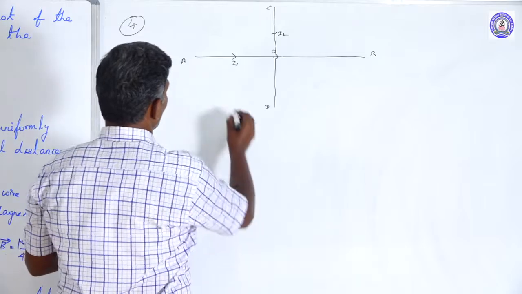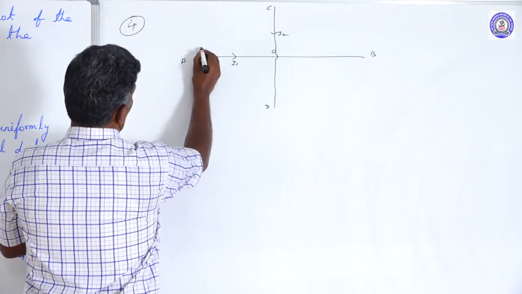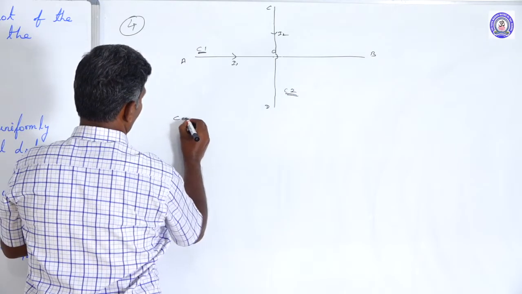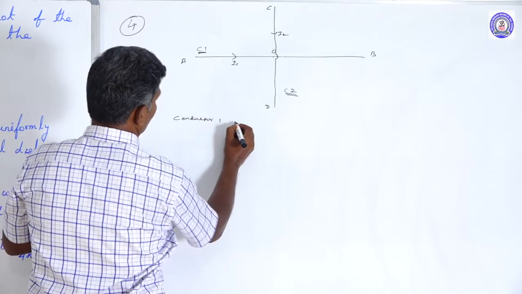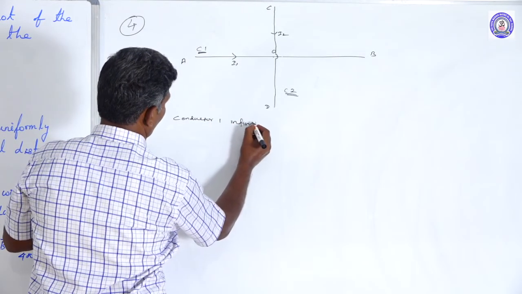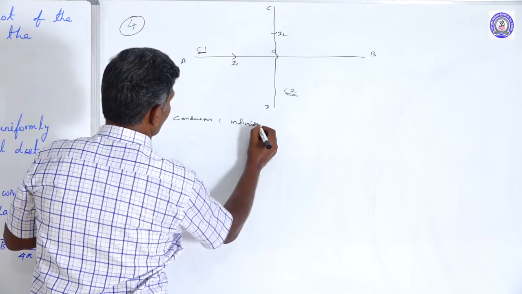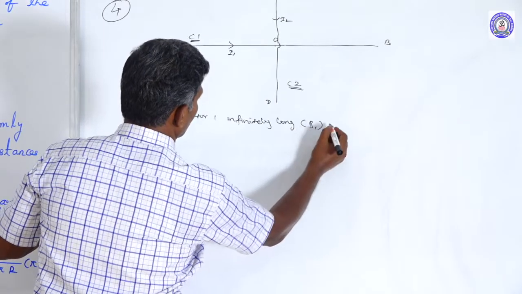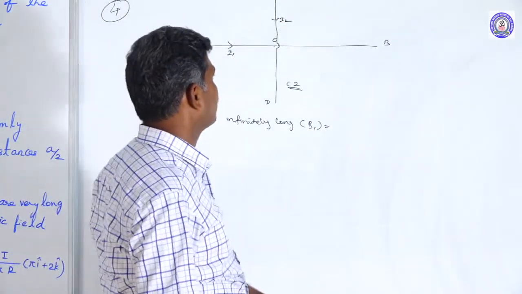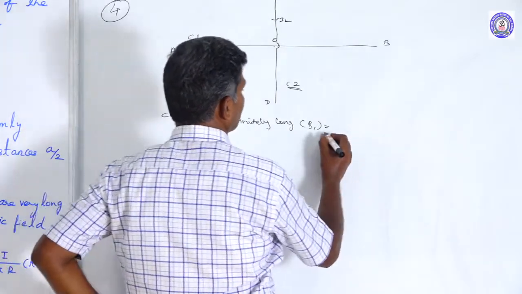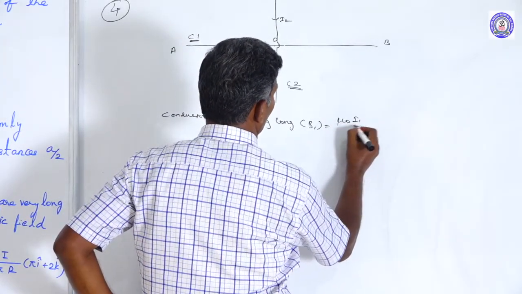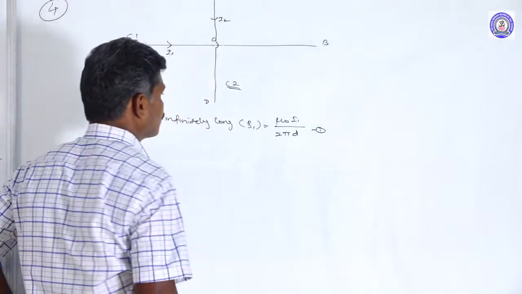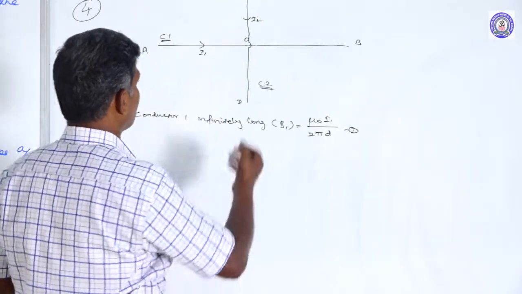So, due to the first infinite long conductor, conductor 1 this is, conductor 2 this is. Due to conductor 1, at a distance d above that plane, we have a magnetic induction B1 equal to mu naught I1 divided by 2 pi d. Their direction we can also represent.